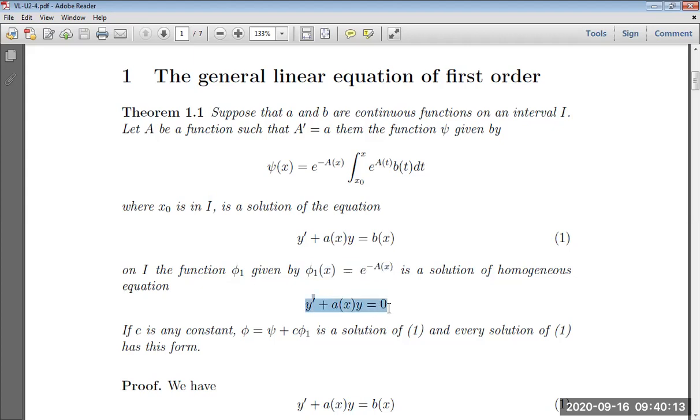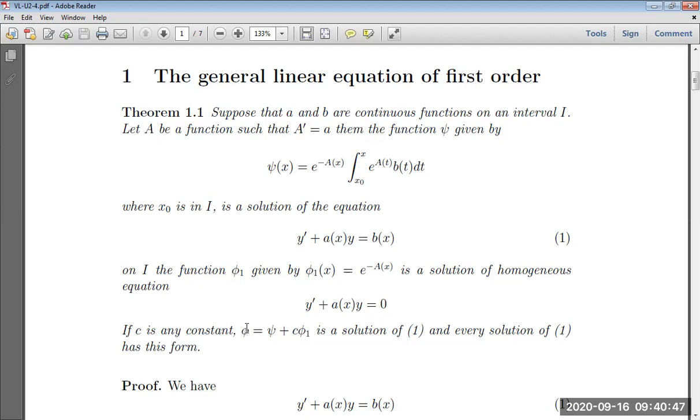Why is this differential equation homogeneous? Because the right hand side b of x is 0. So if we have some constant c, then the function phi is written in this way. This psi is a solution of this non-homogeneous differential equation, and phi1 is a solution of this homogeneous differential equation.